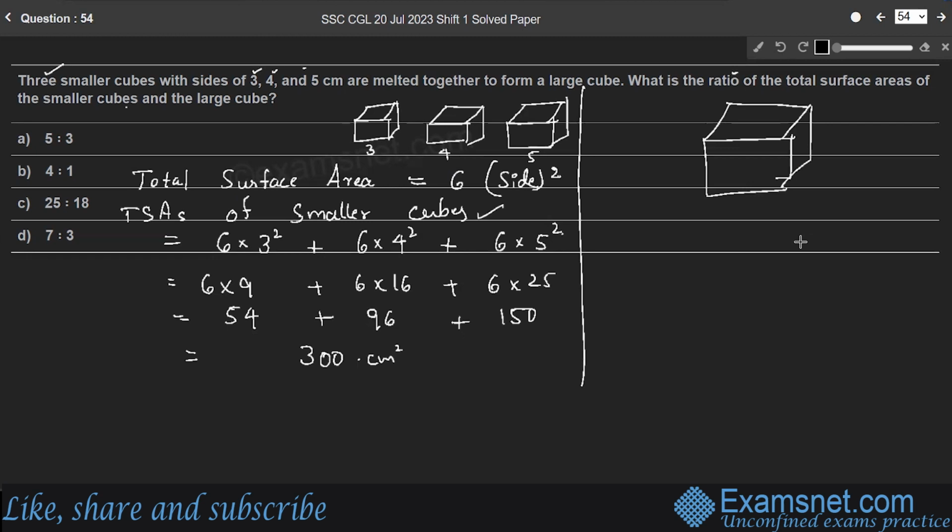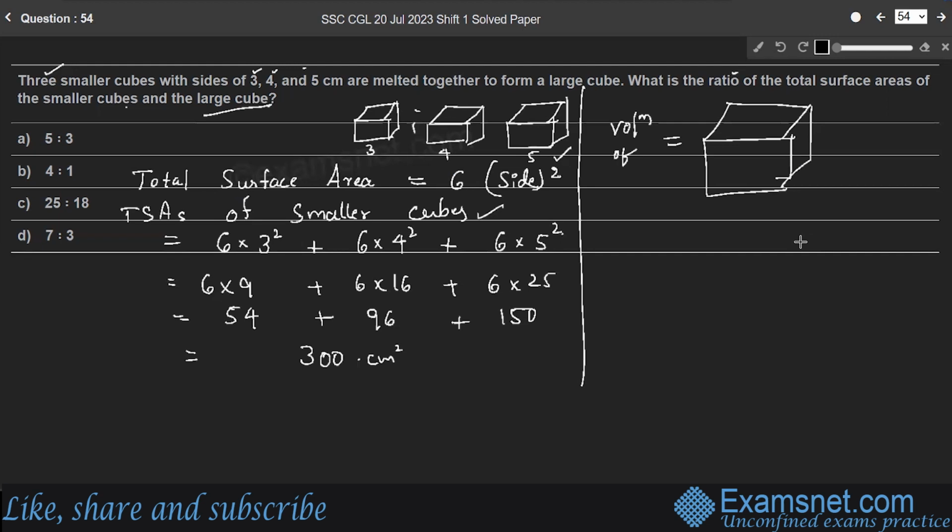Now find the total surface area of the larger cube. To find total surface area, we need the side of the larger cube. So what is the side of the larger cube? Let us consider the volume of the smaller cubes. Their total volume is equal to the volume of the larger cube.